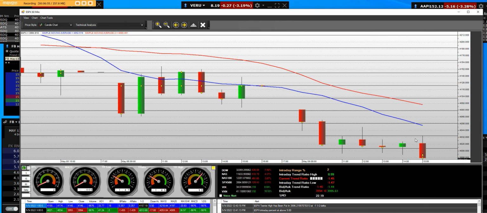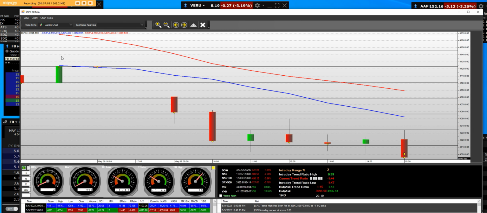This big breakdown is crucial on this 60-minute. And I'll blow it up because you can see where that gap down happened here. And then you can see that 60-minute consolidation breakdown.